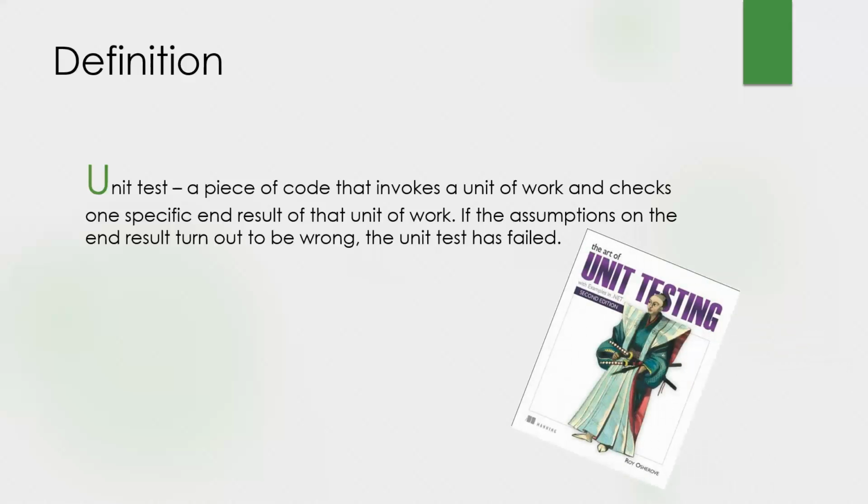I've taken this definition from the great book about unit testing, The Art of Unit Testing, written by Roy Osherove. Roy is a well-known person in the world of unit testing. If you would like to see some examples, take this book and you can find a lot of examples in .NET. However, you can easily translate these examples to other languages.